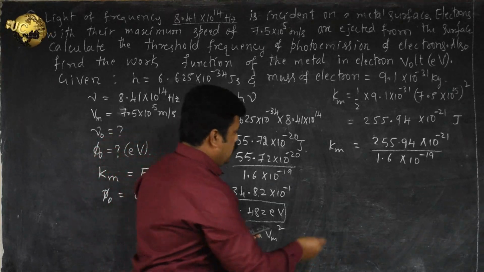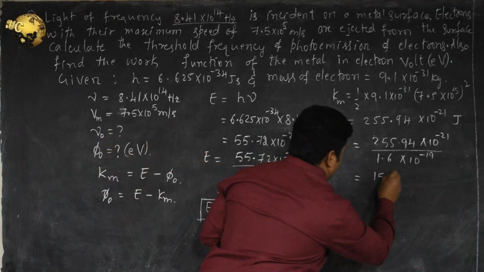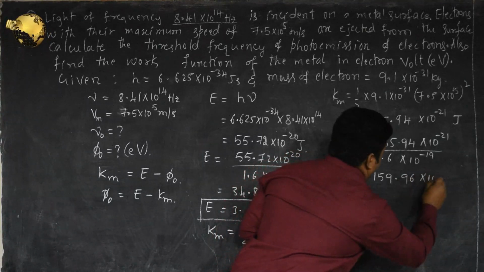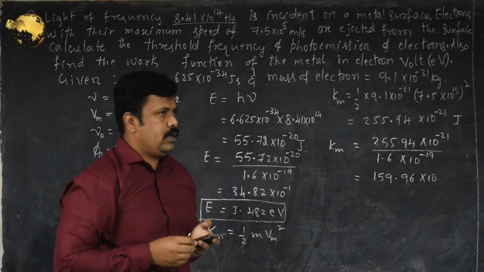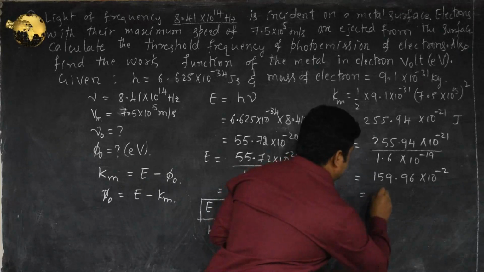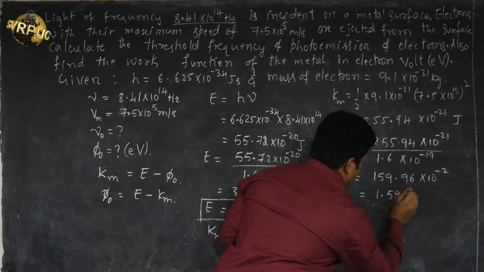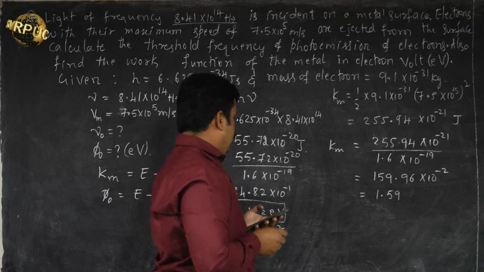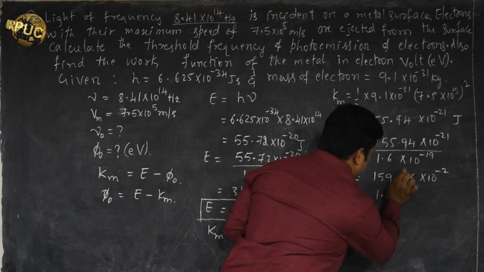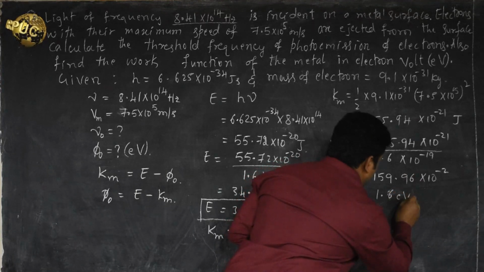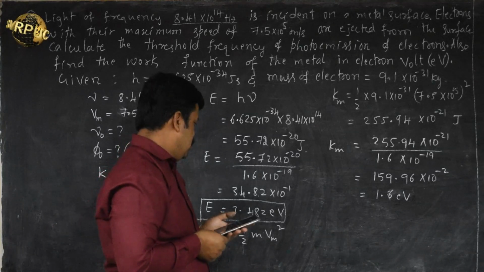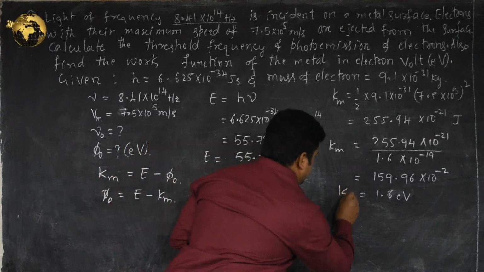So we get 159.96 into 10 to the power minus 21 plus 19, that is minus 2. So I can write it as 1.59, or approximately 1.6 electron volt. So this is K max.